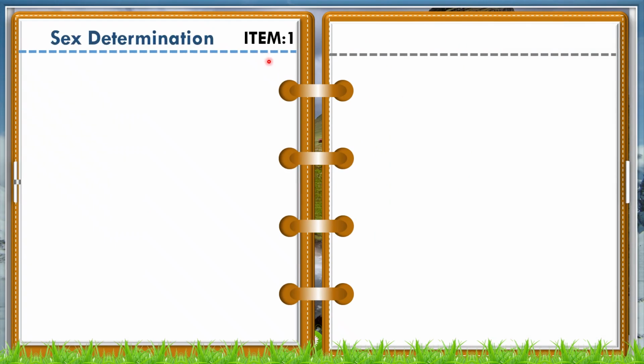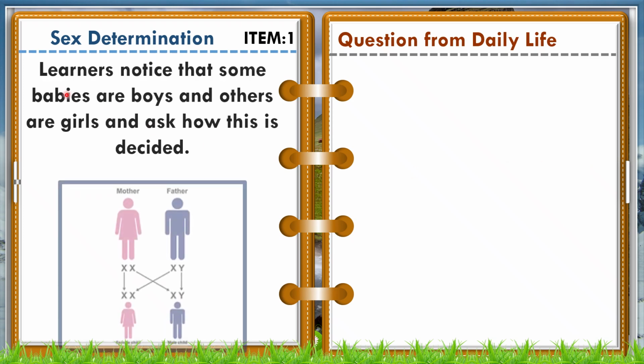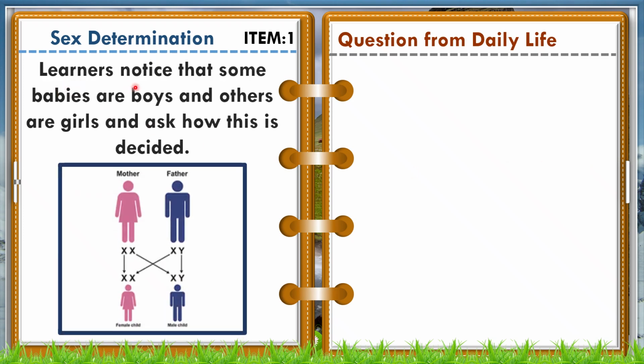Item 1. Sex determination. We are going to look at a question from daily life. Learners note that some babies are boys and others are girls, and ask how this is decided.